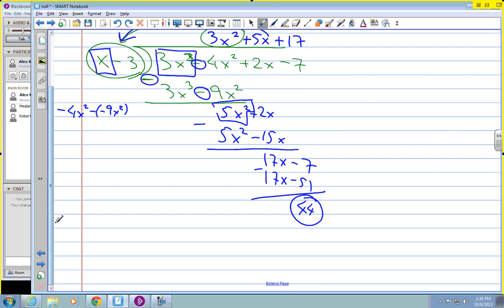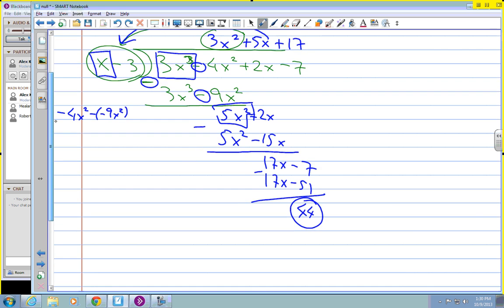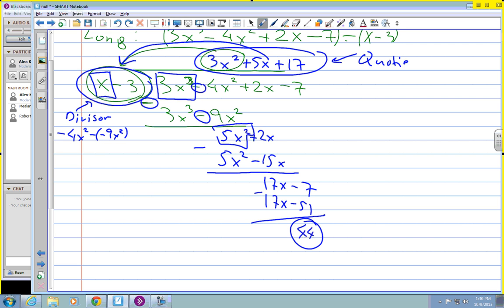Now, the division algorithm, the one that we mentioned last time, tells me that I can take any polynomial and express it with a divisor, a quotient, and a remainder.